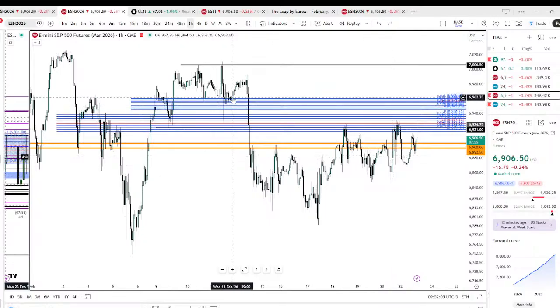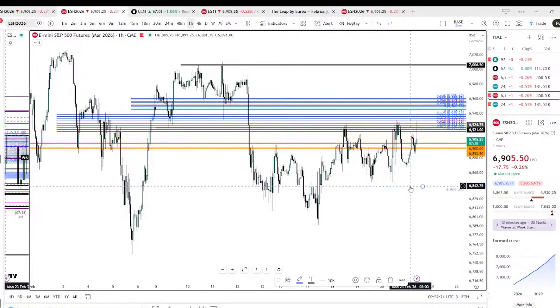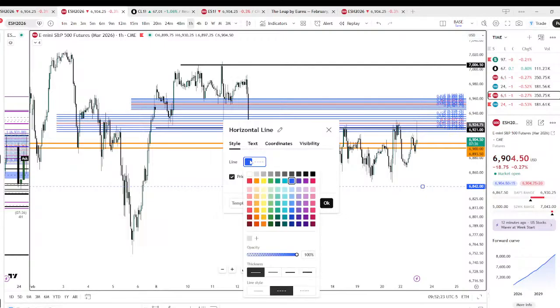I still have to put those halted gaps back in. We have 68.41, 75. We need these massive.